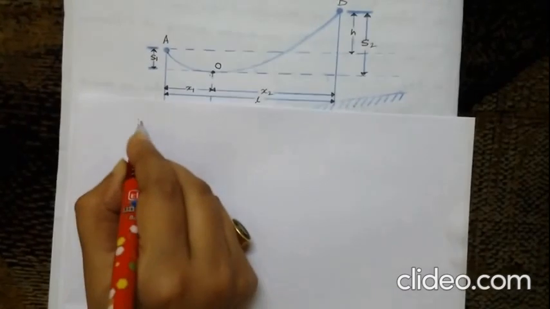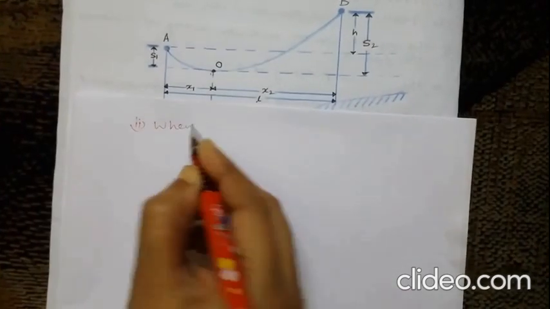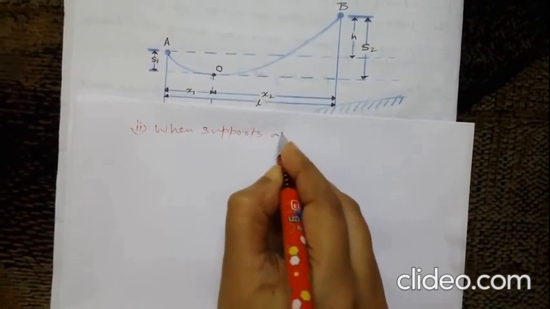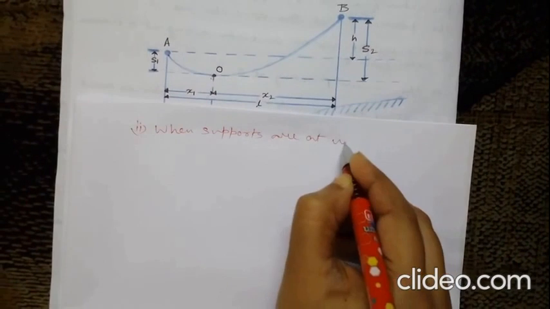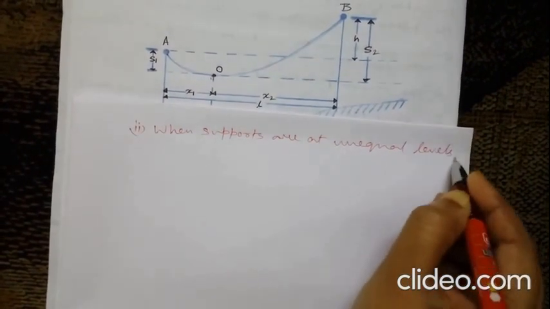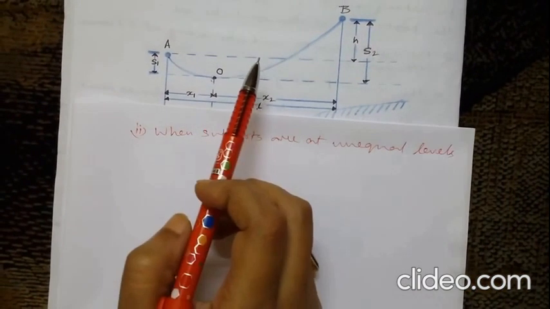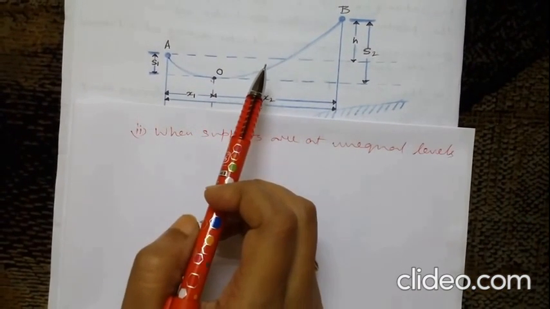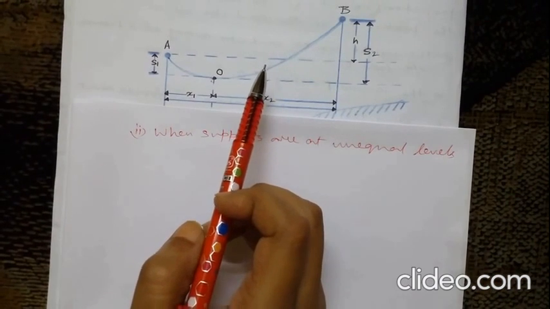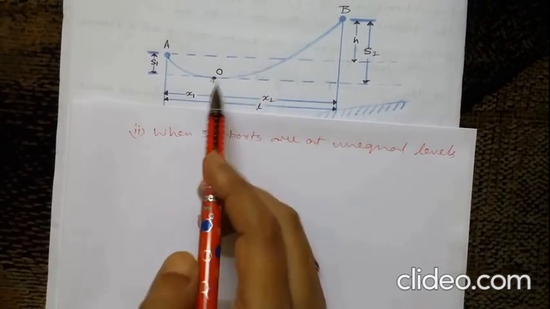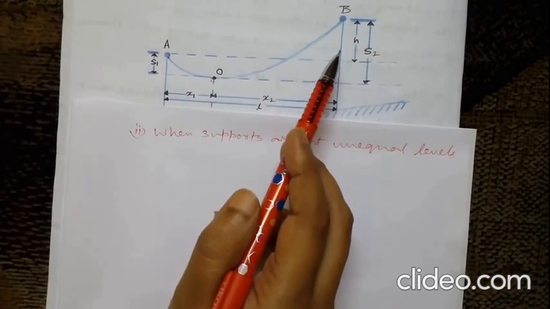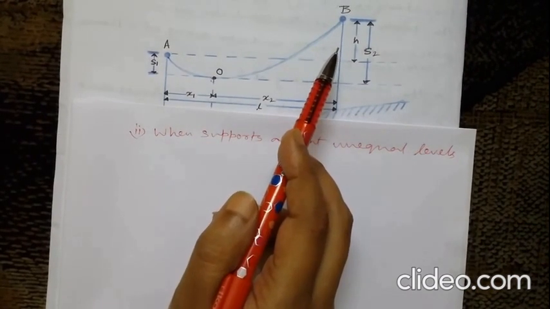Second one is when supports are at unequal levels. This figure shows a conductor suspended between two supports A and B which are at different levels. The lowest point on the conductor is O. Now let small l be the span length and h the difference in levels between the two supports.